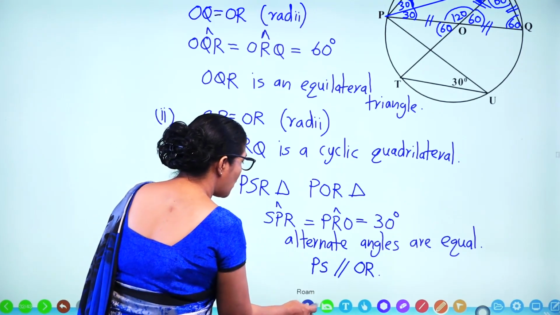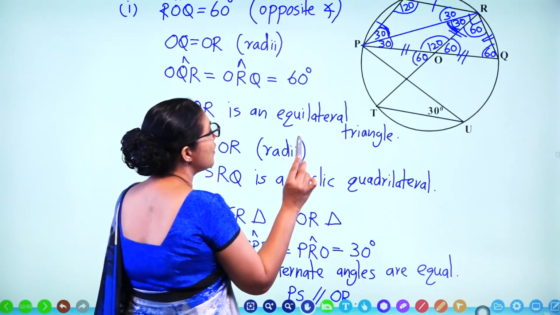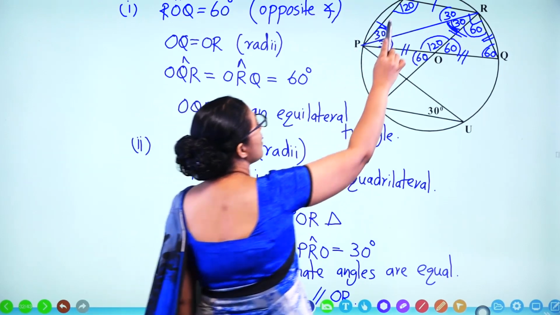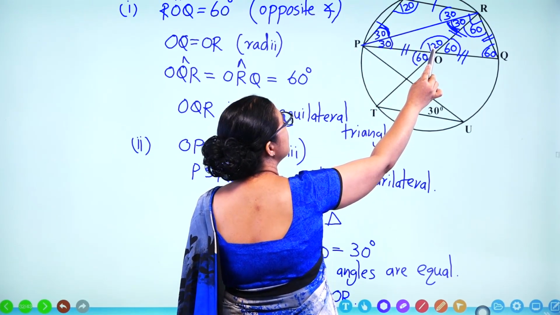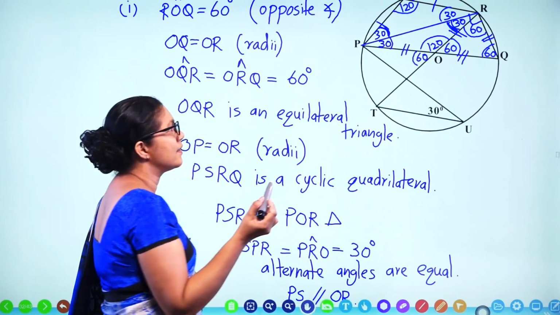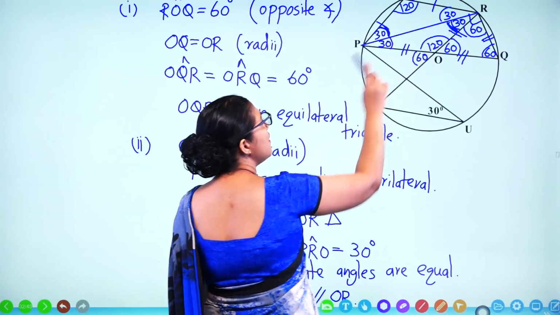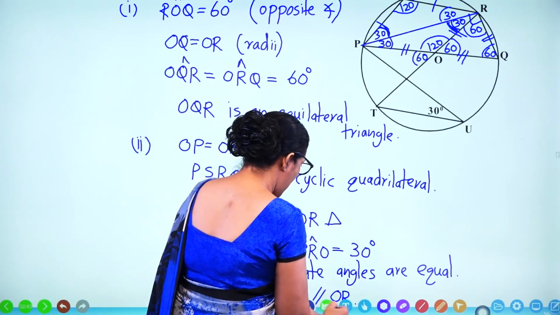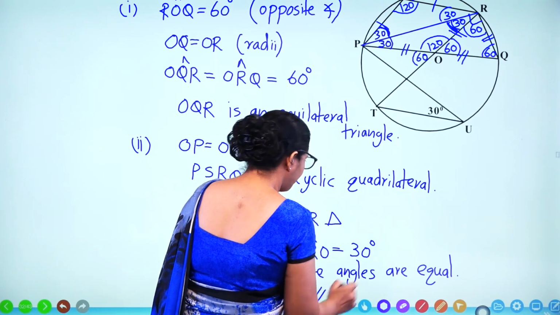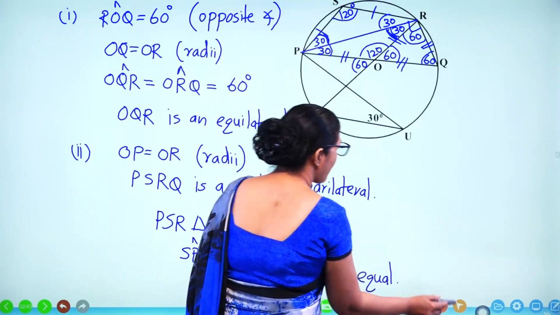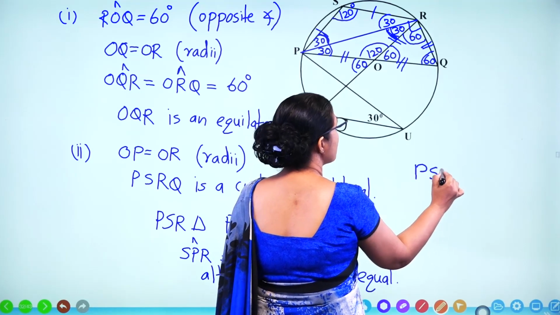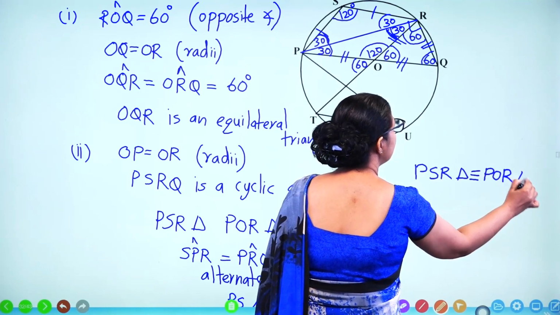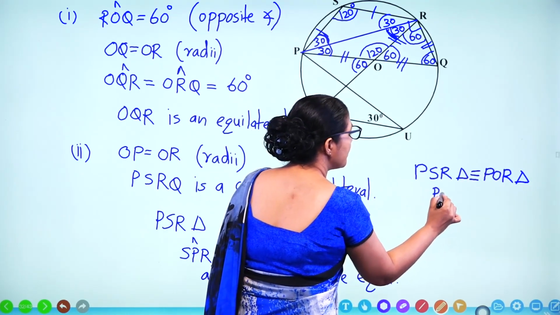How can we show that equal? We can take these two triangles. This angle is equal to this angle. This PR is common and one angle is equal. That means angle, angle, side, the two triangles are congruent. So we can now write down that PSR triangle is congruent to POR triangle. PR is common.